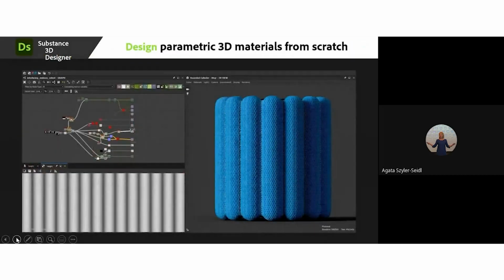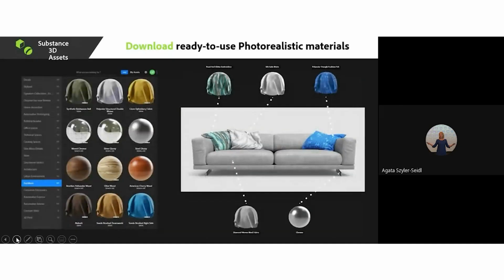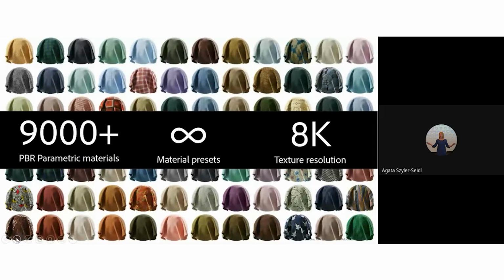Additionally, I'm showing how design can be done using parametric 3D materials from scratch. And when you would like to go deeper into 3D models with your materials, it can also be done using Adobe Substance. At the end, you can also change a different color pattern within a few clicks. So this can be done very effectively.